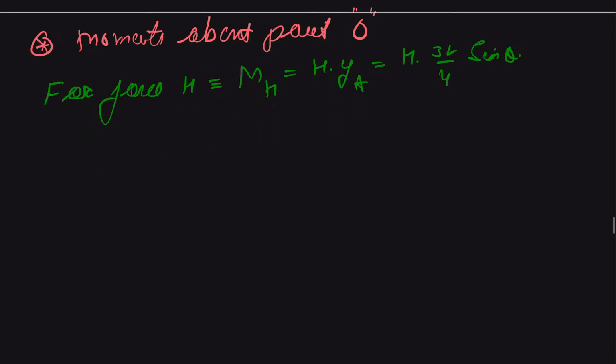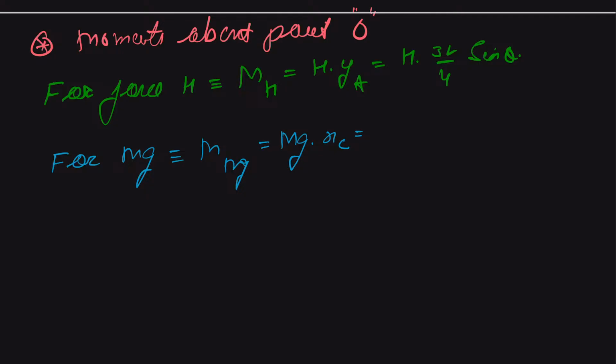And next, for mg, let us call this the moment of mg, which will be equal to mg and the lever arm, that is our x of c.